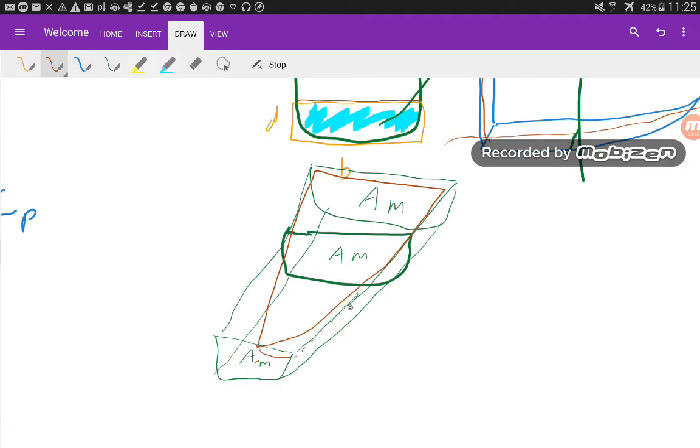So CP will be the ratio of the volume of the vessel, the volume of displacement, over the volume of the prism, which is AM times the length of the vessel.